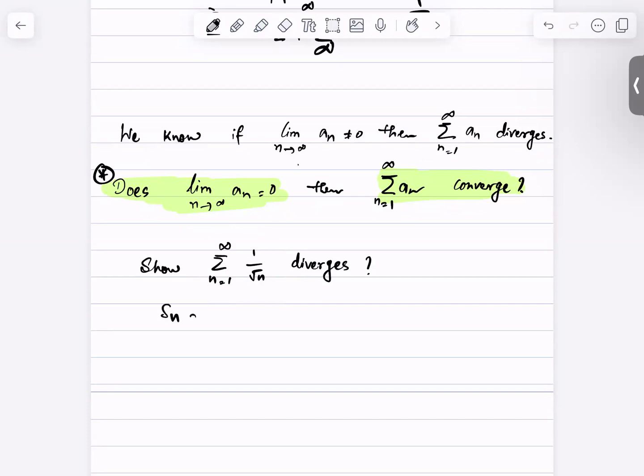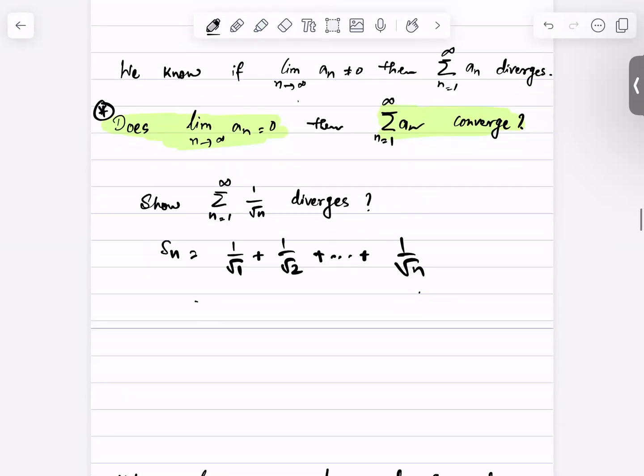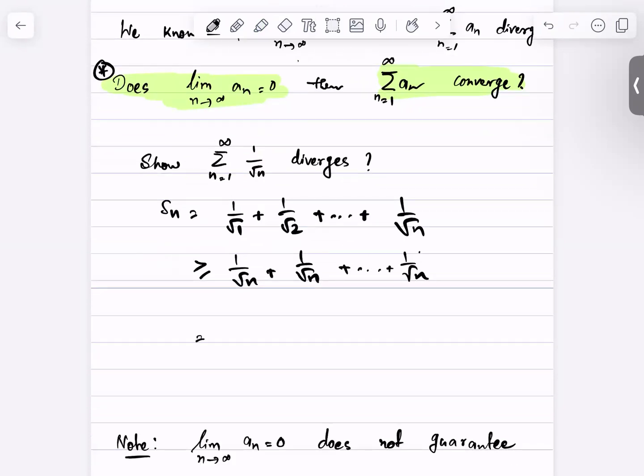So here Sn is just 1 over square root 1 plus 1 over square root 2 plus so on, the sum of the first n terms. And now I can write this inequality. We have already seen this type of thing quite some time ago.